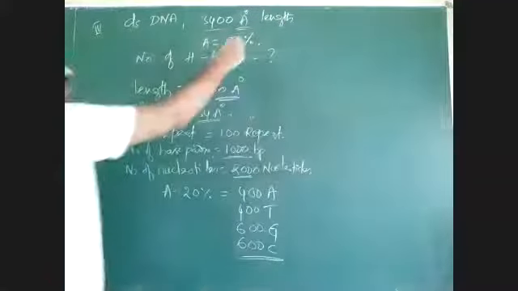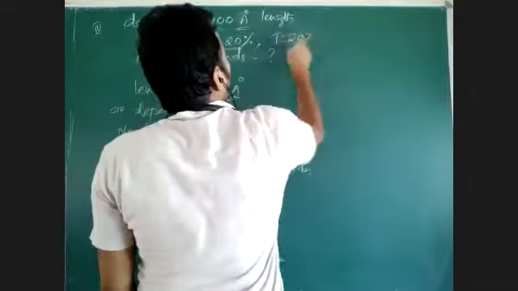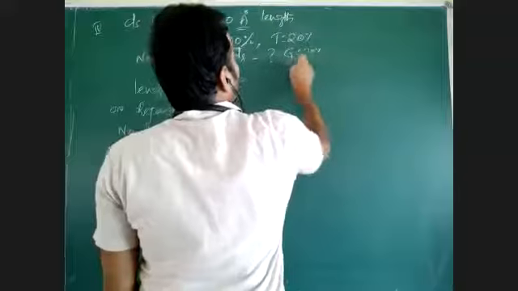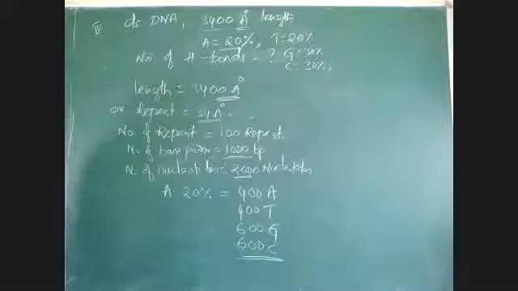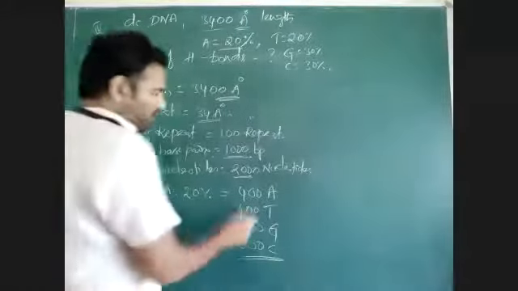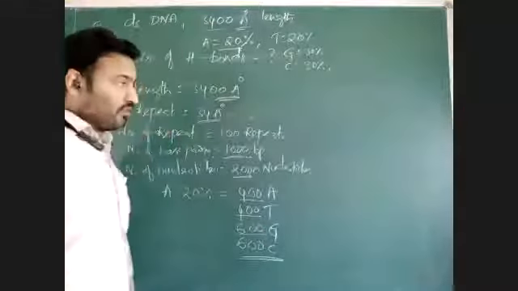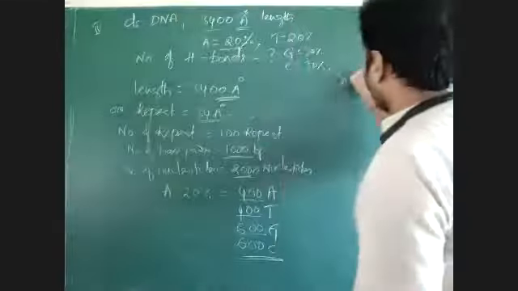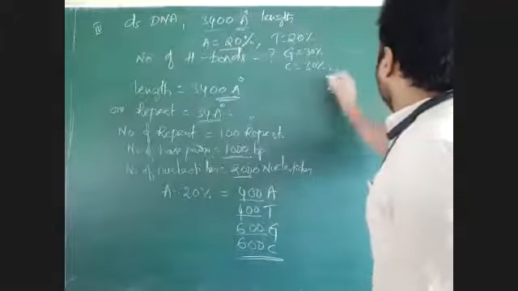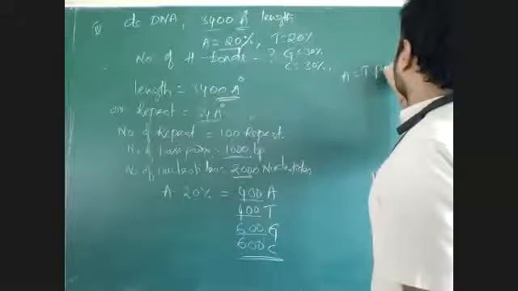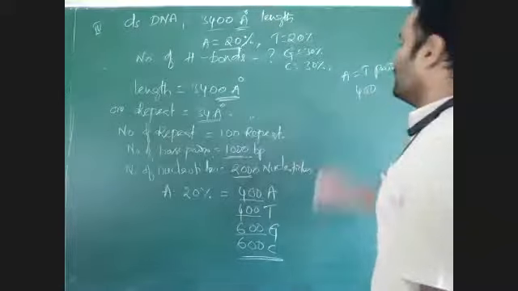So A is 20%, T is 20%, G is 30%, C is 30%. So A is 400, T is 400, and AT pairs will be 400.